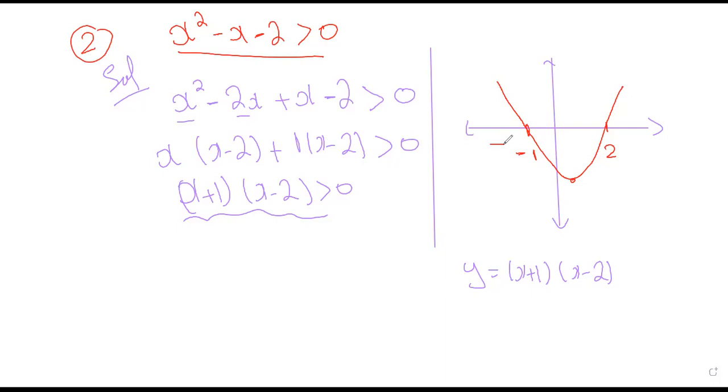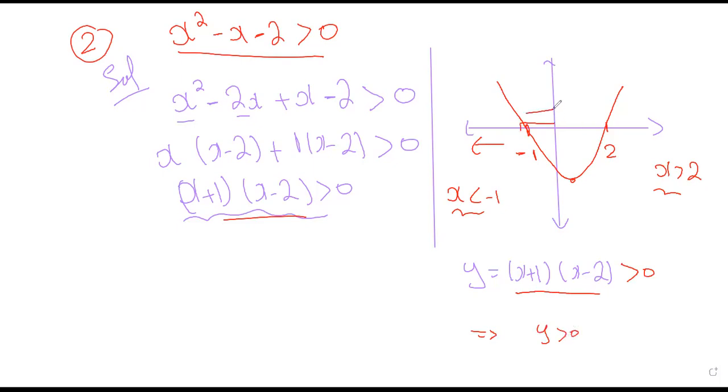Okay, and Gayatri is getting x less than minus 1 and x greater than 2, right? Yes. Very well done. Why is she getting this? Because if x plus 1 into x minus 2 is greater than 0, this implies y is greater than 0. Where is y greater than 0?